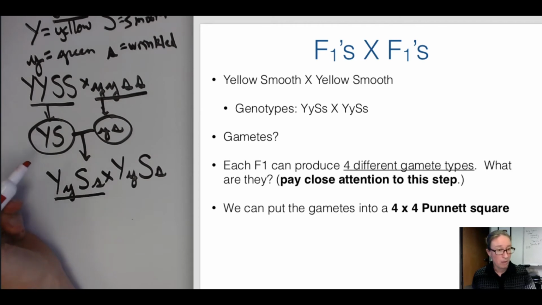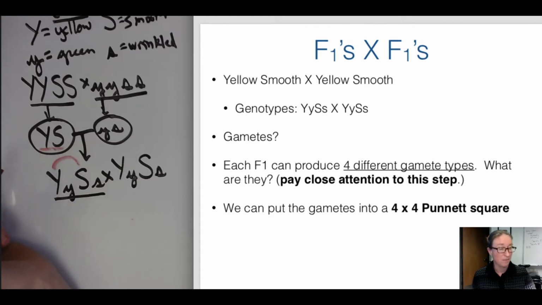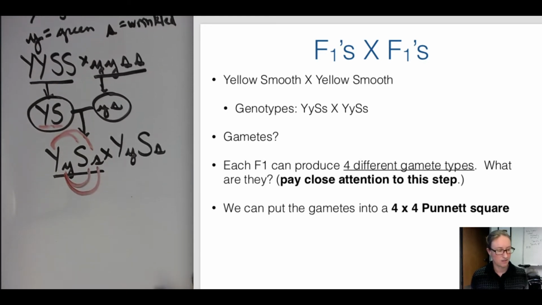So remember that each gamete needs to have some kind of Y and some kind of S. So it's possible that a gamete could be big Y, big S, or a gamete could be big Y, little s, or a gamete could be little y, big S, or a gamete could be little y, little s.